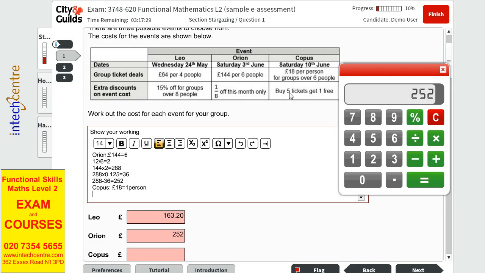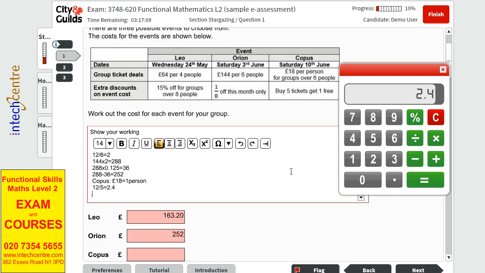We have again 12 divided by 5. We have 2.4 groups.